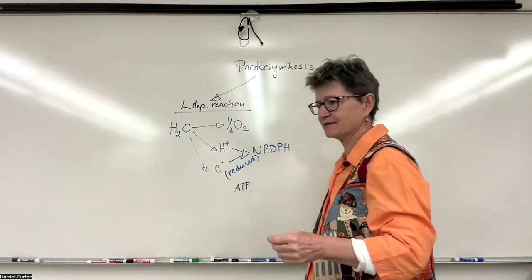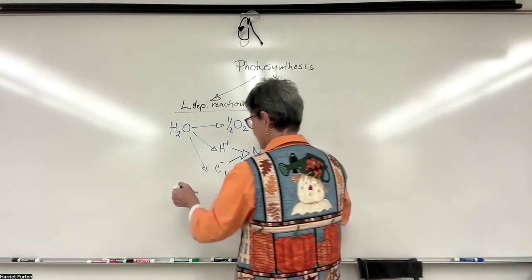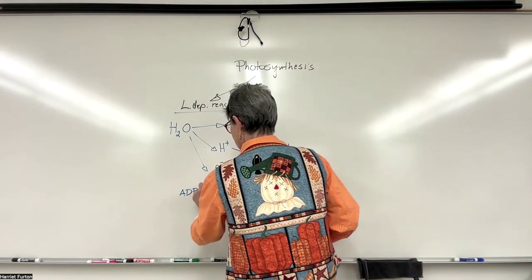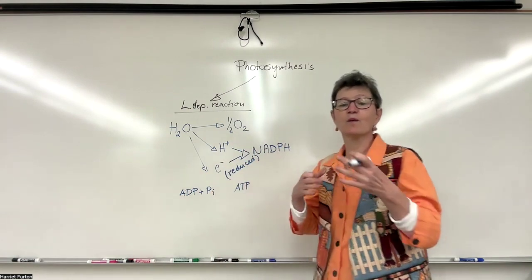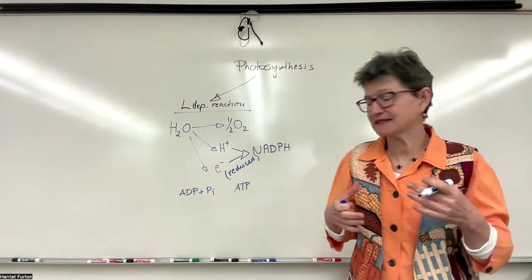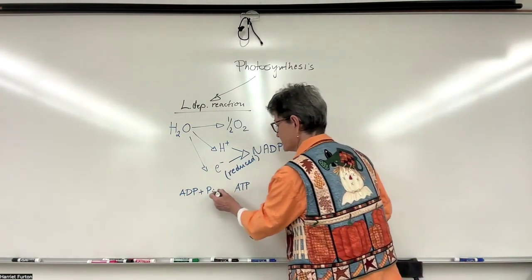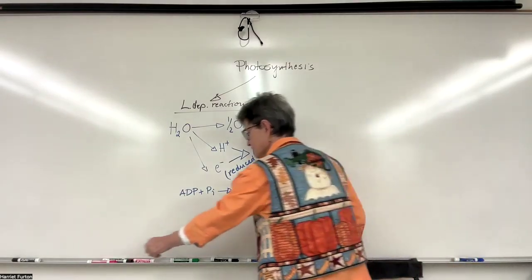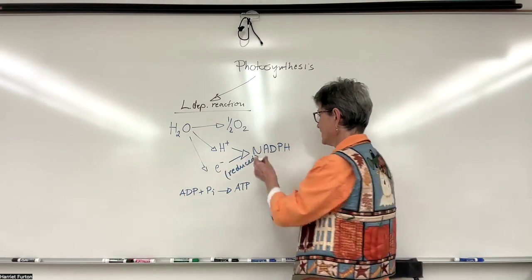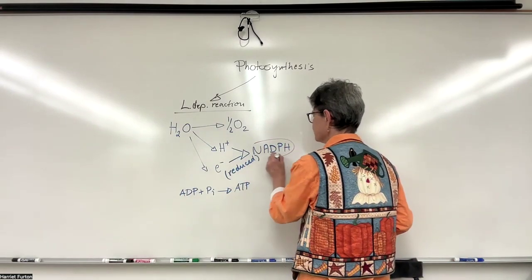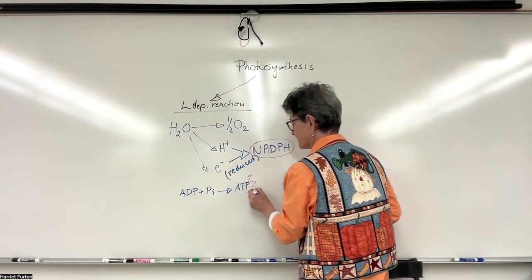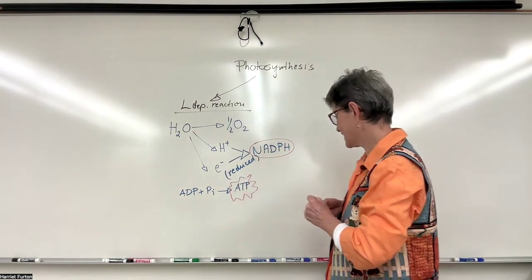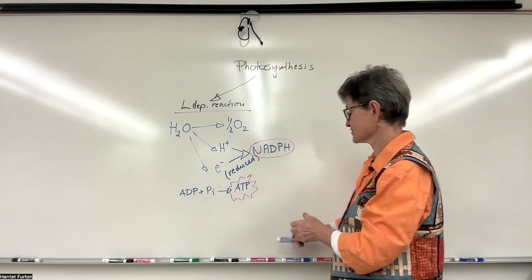We call it when inorganic ADP plus inorganic phosphate with the help of ATP synthase produced ATP. So these are the two end products that they move over to the light-independent reaction.